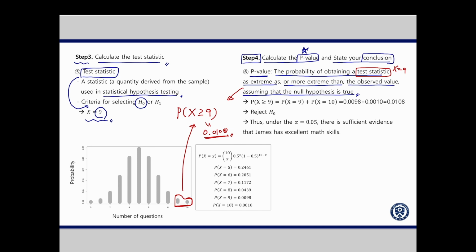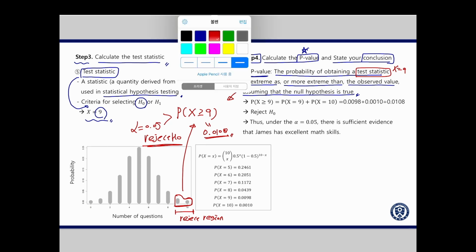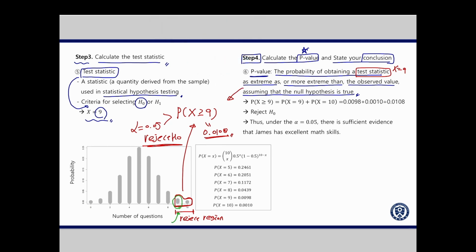Since this p-value is smaller than the significance level alpha equals 0.05, we can reject H0. This is equivalent to the test statistic being in the reject region.